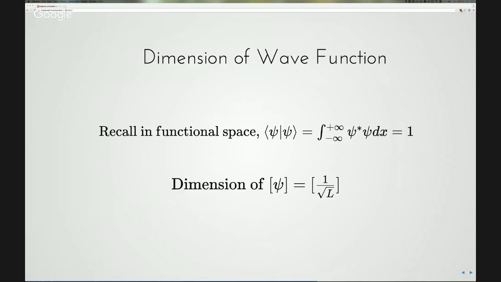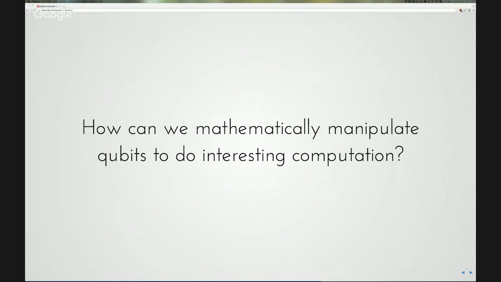I really don't know what it means. I don't think anybody does. It's interesting that this wave of probability has units of 1 over square root of length. What does that mean? I don't know. So, how can we mathematically manipulate these abstract things?